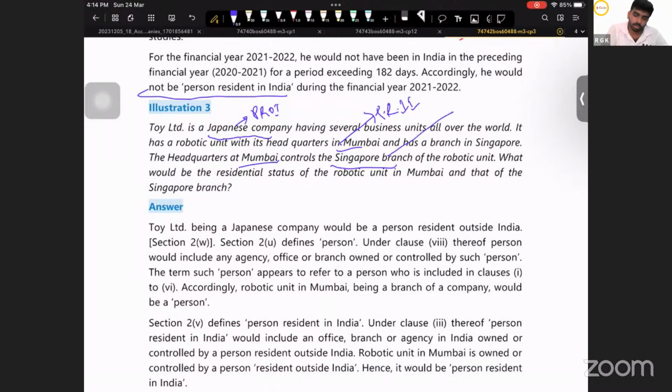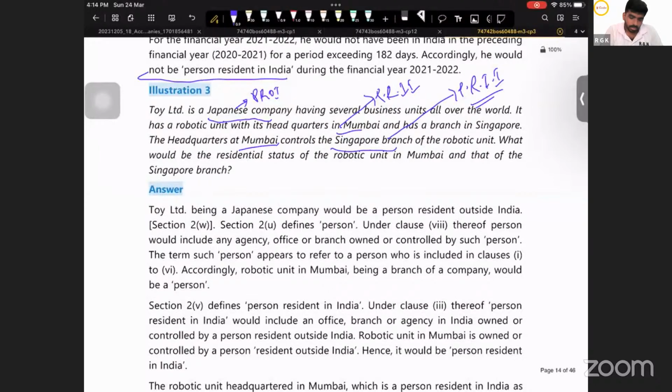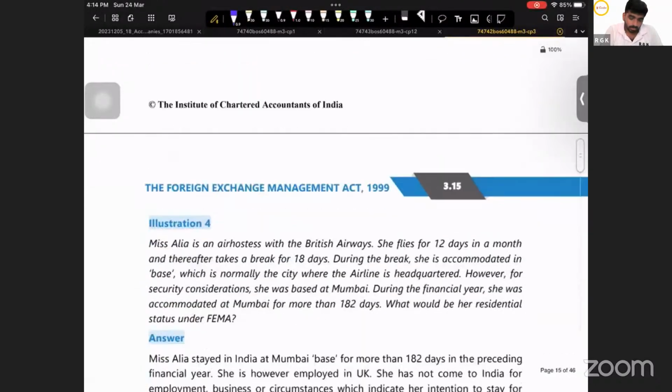Even the Singapore branch will be person resident in India because of the two points given under the definition of person resident in India and person resident outside India. I hope it is clear to us.